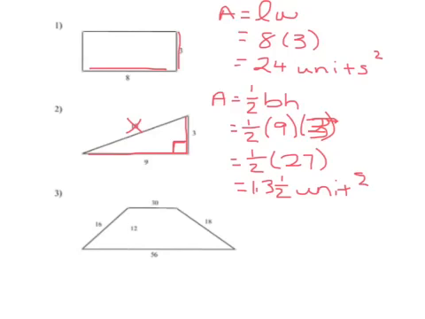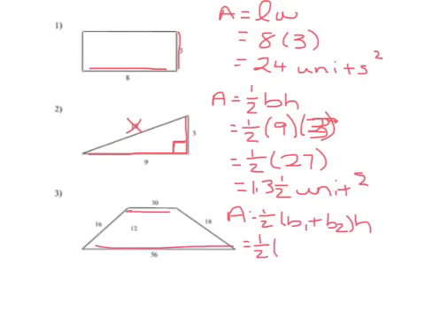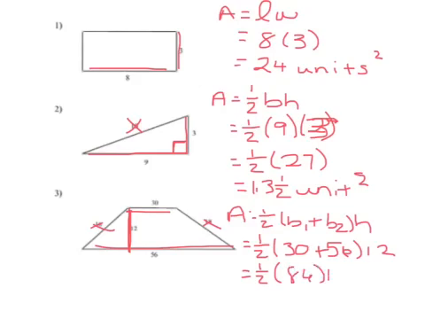All right, and now we have a trapezoid. Well, to find the area of a trapezoid, we do 1/2 of base 1 plus base 2 times the height. So let's fill all that in. Base 1 and base 2 are these two numbers here, so 30 plus 56. And our height is the distance between our two bases, which is 12. So I don't need these 16s or this 18. All right, now I'm going to go ahead and add. So I've got 1/2. Well, 30 plus 56 is 86 times 12.